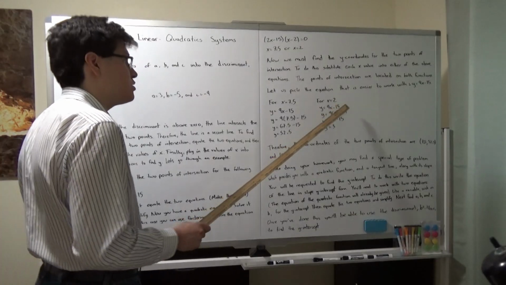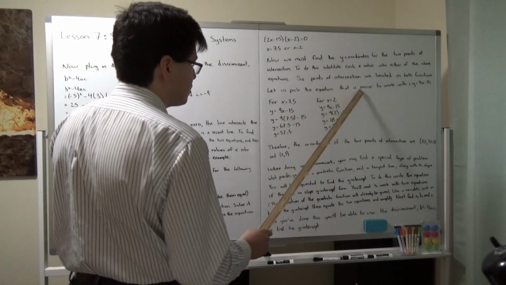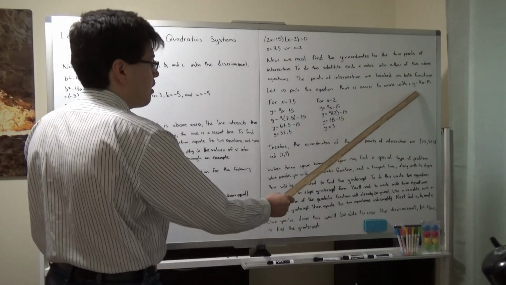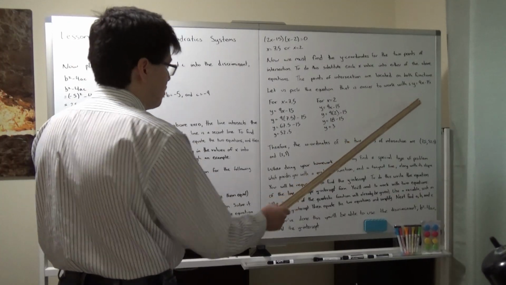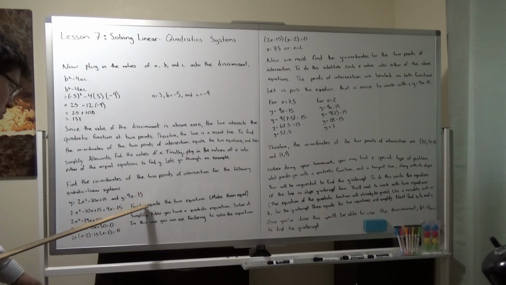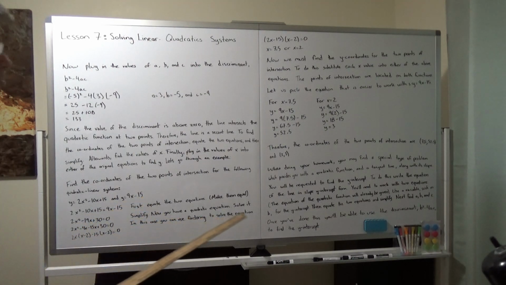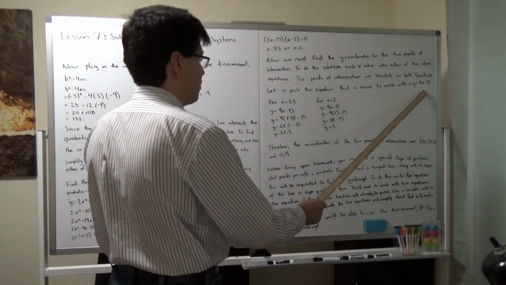Let us pick the equation that is easier to work with. Out of these two equations, we pick the one that is easier to work with, which is y equals 9x minus 15.